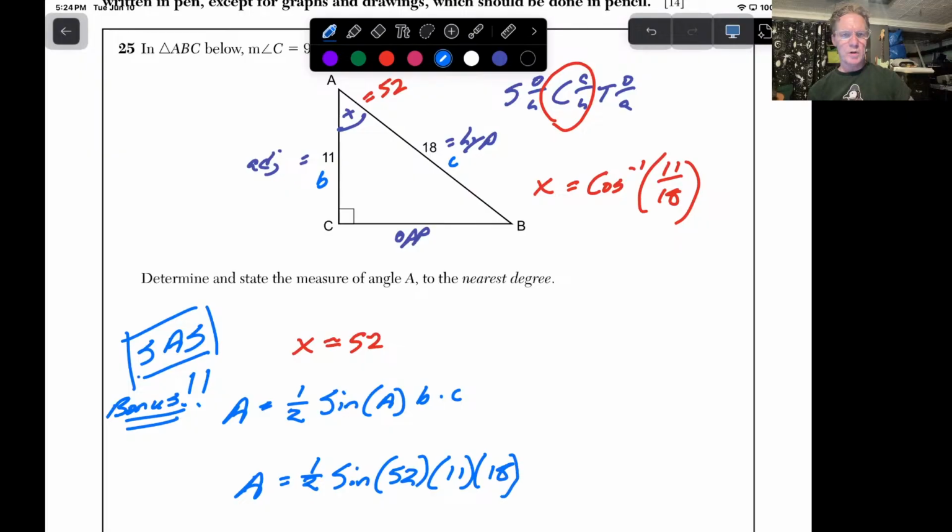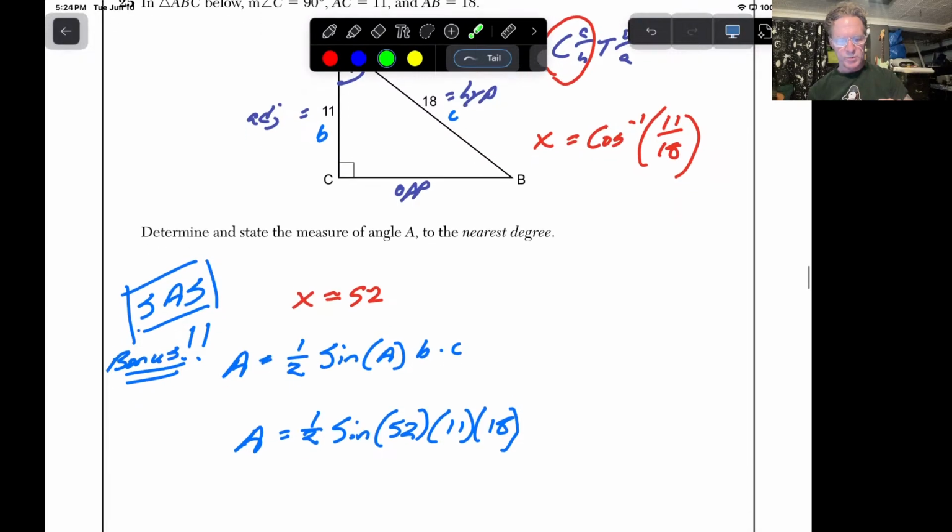Why does that work? Well, really what you're finding is the length of this side, because that's the opposite side, right? And sine is opposite over hypotenuse. So that's this 18 and 52, you're really just finding the height of the triangle. So that's how you're doing it.